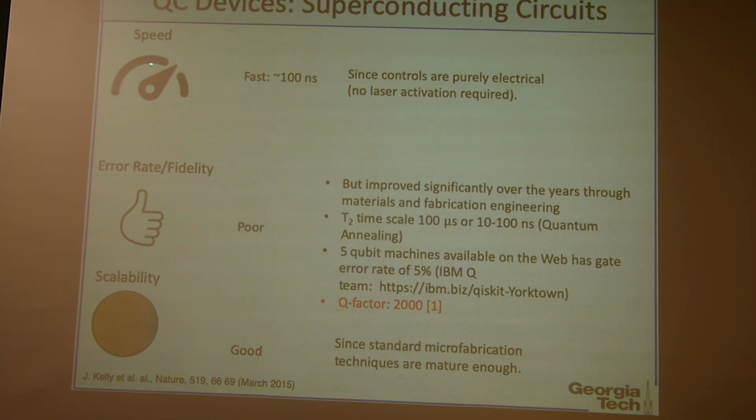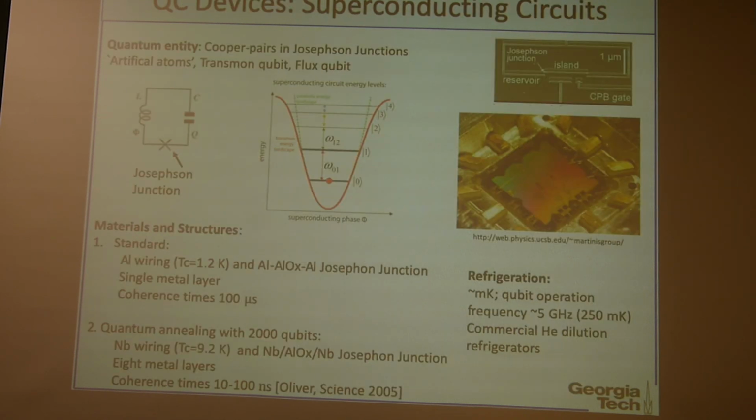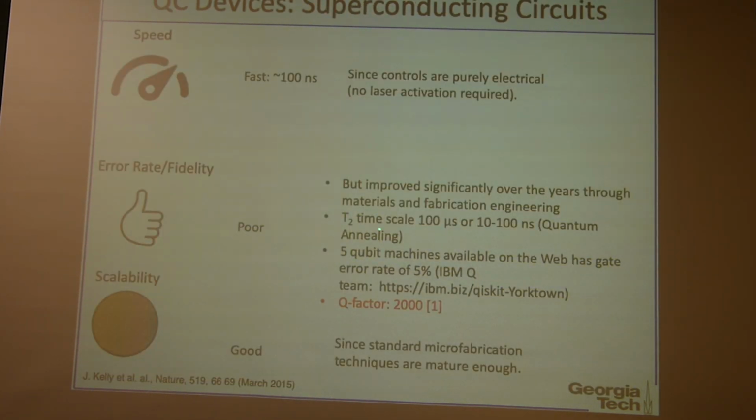But these are like superheroes compared to the other technology, that is ion trap. Ion trap is of the order of microseconds. A microsecond is 10⁻⁶ seconds, so these are actually much slower. But at the same time, the error rate of superconducting circuits is very bad. We'll not talk about what it means, but it's bad because it's fast.